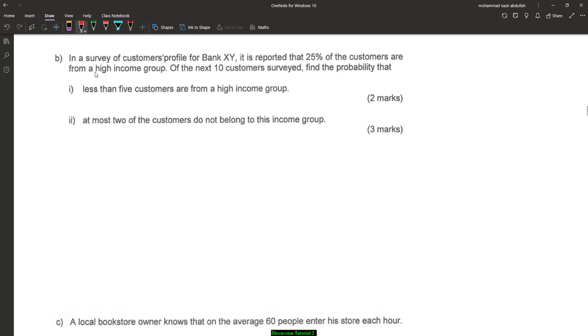In a survey of customer profile, bank XY reported 25% of customers are from high income. So probability of high income is 0.25. So the balance is from low income, right? We can do 2 groups. Of the next 10 customers surveyed, so n is equal to 10, find the probability that less than 5 customers are from high income.